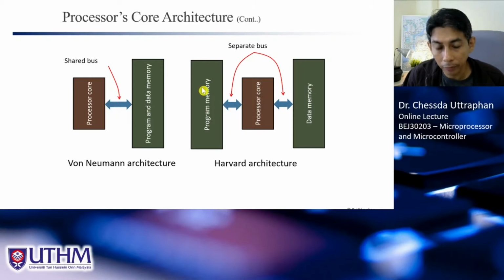So in terms of efficiency and performance, of course the Harvard architecture is better, because you can do two jobs at the same time. But in terms of cost, of course this one is costly because you need more wires and different circuitry, more complicated. So in terms of cost, this one definitely costs more compared to this one.